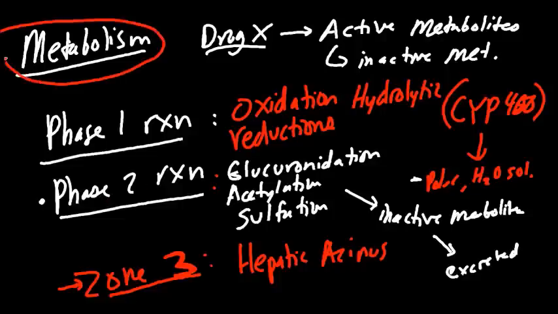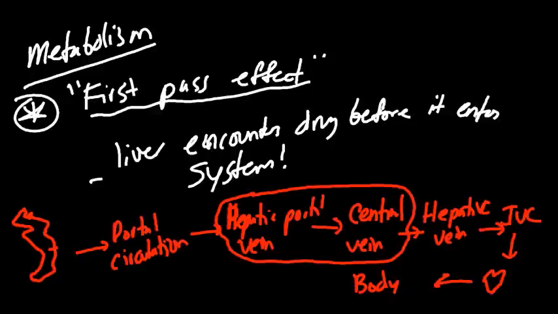It'll undergo metabolism in this step, where we go from the hepatic portal vein to the central vein, and to do that it must cross liver cells, and those liver cells will be active. Then whatever's left, whether it's the active metabolite or the unchanged drug, goes to your hepatic vein and then to your body. I mean, the liver can't do it all. It can't affect all of the drug, but it'll affect some of it.